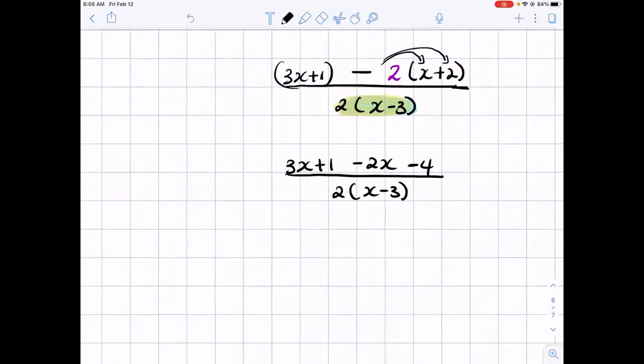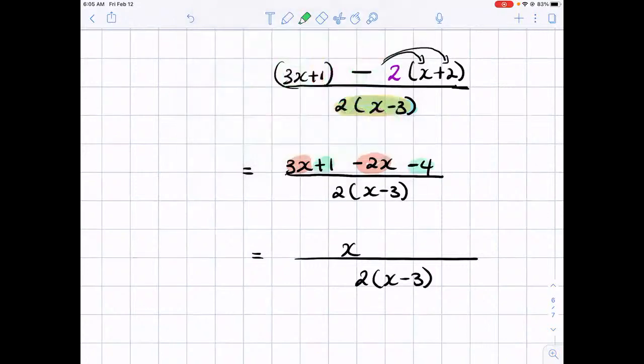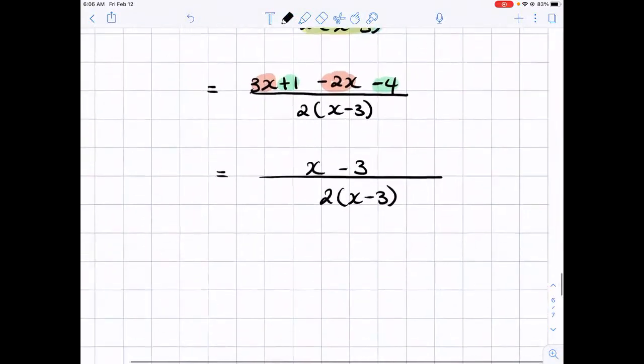And I don't multiply the denominators out, because later on, if you have to simplify, you will see the cancellation easily. So 2 times x minus 3. Now if we combine like terms in the numerator, 3x minus 2x becomes x. And then we have plus 1 minus 4 becomes minus 3. And remember, you should always check for simplification.